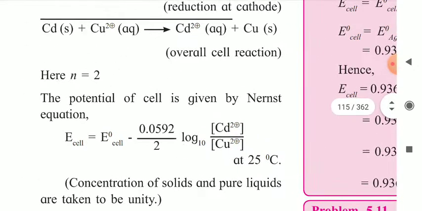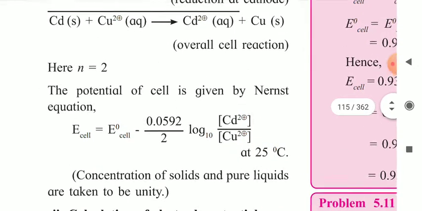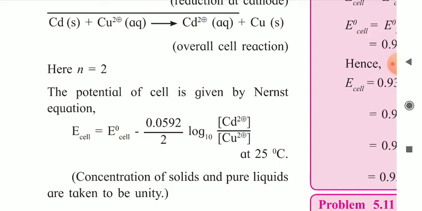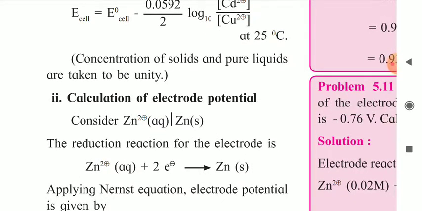The Cd2+ ions are present on the product side, so the concentration of the products is taken in place. The concentration of solids and pure liquids is taken to be unity.